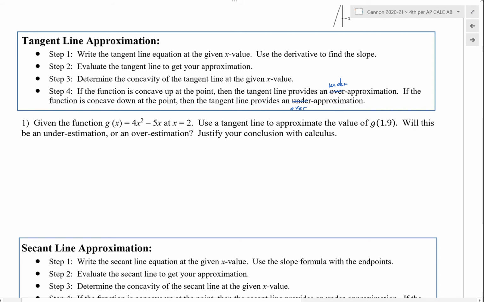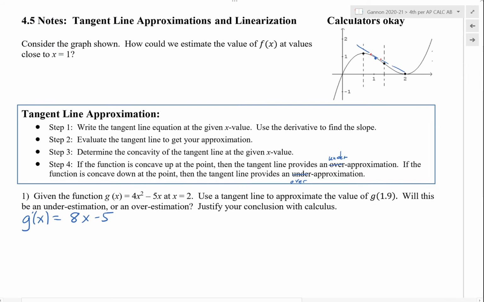So how we're going to approach this is we need to have an equation of the tangent line. So we need to take the derivative of g, which in this case is simply going to be 8x minus 5. Then what we need to do is calculate the slope of the tangent line at 2, which is basically g prime of 2.